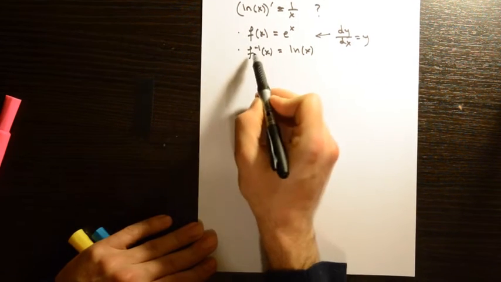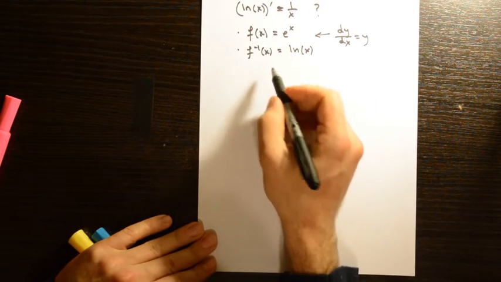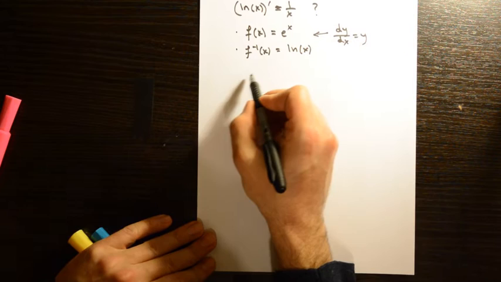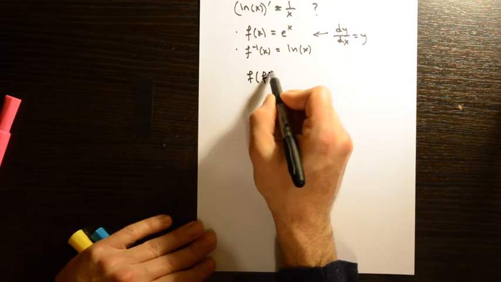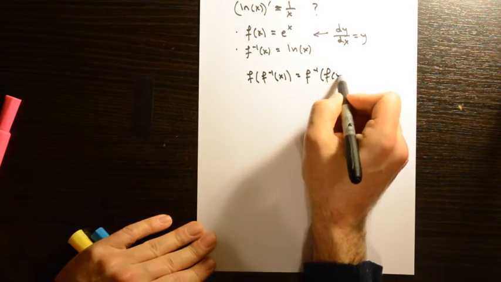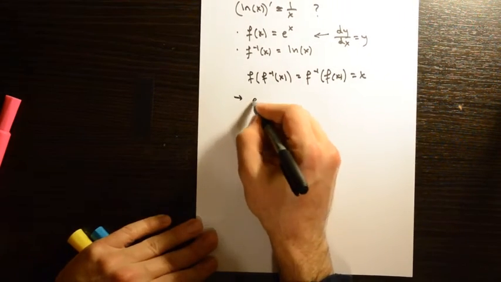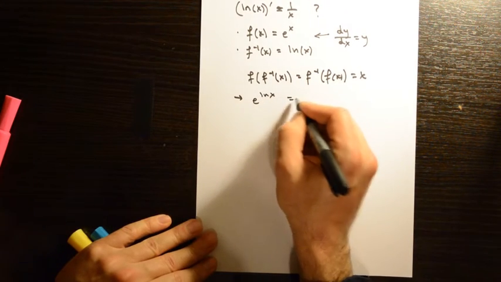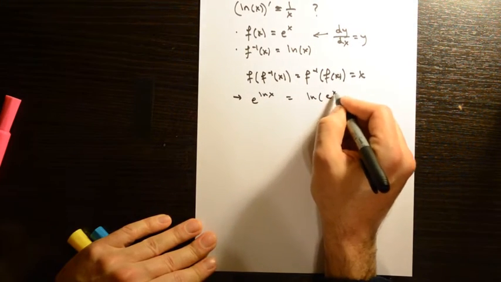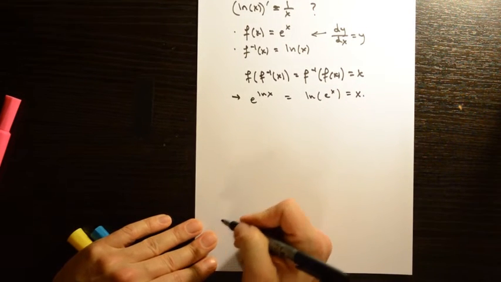Now, this one came from this function, but it's the inverse, and it satisfies the property that f of f inverse of x is equal to f inverse of f of x is equal to x, which in this case would be e to the natural log of x equals the natural log of e to the x is equal to x.